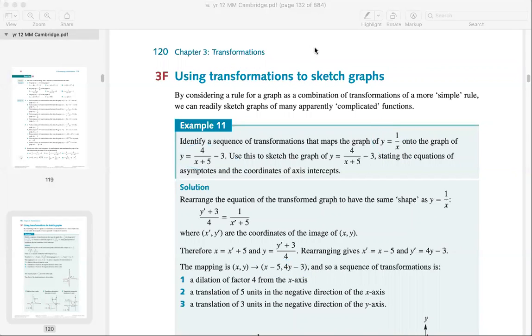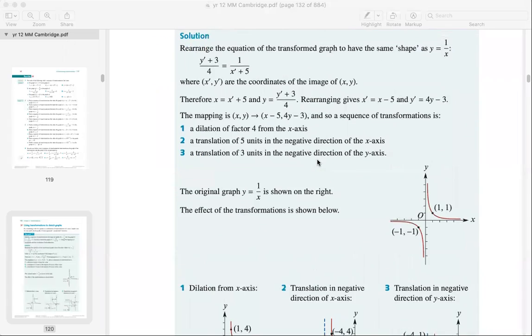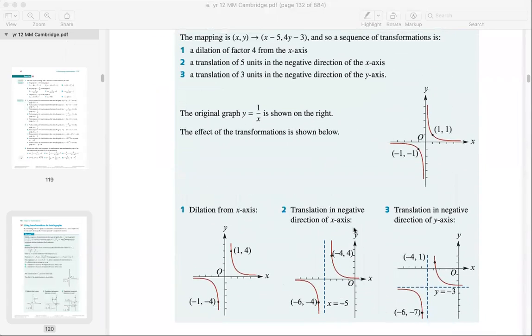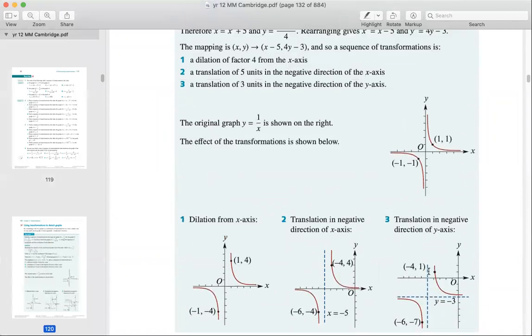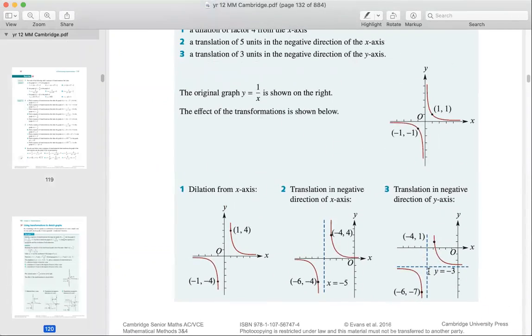Based on this, we can directly draw the graph, which looks like this. This example on page 120 explains every single step in detail. That is how we use transformations to draw graphs.